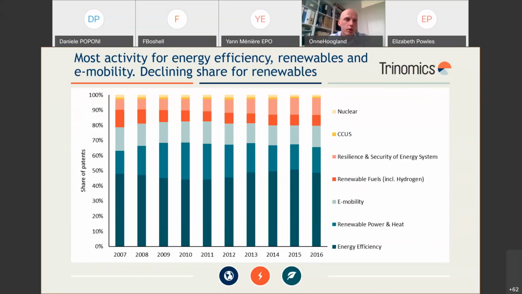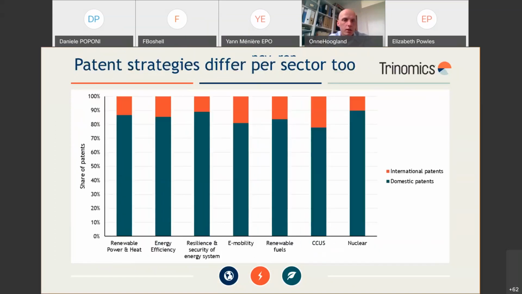If we then move on to the last slide, here we see that for the different sectors, the strategies differ too. Some sectors are more internationally oriented, e-mobility, for instance, renewable fuels, CCUS, whereas other sectors like nuclear and technologies related to the resilience and security of the energy system are more domestically focused.